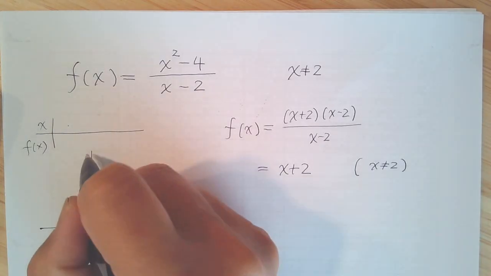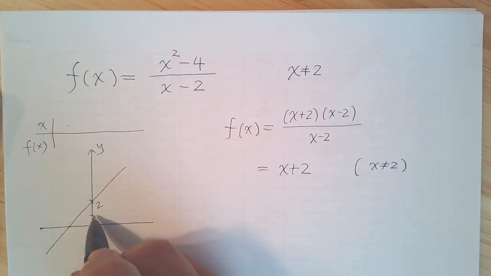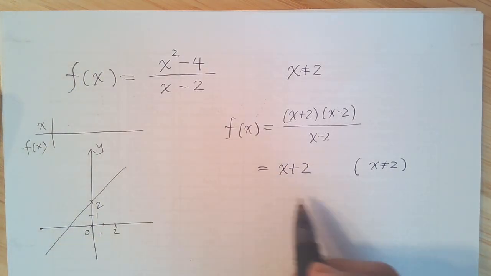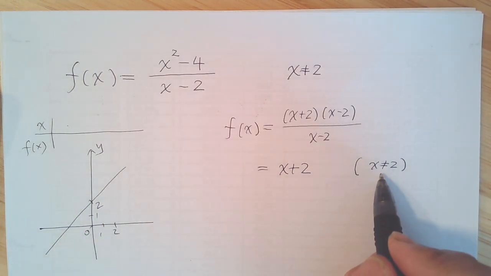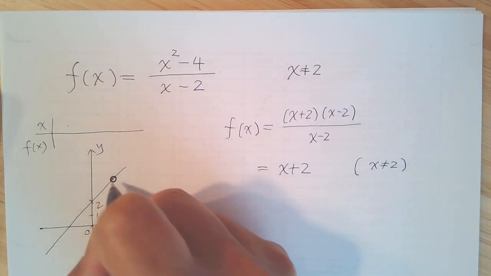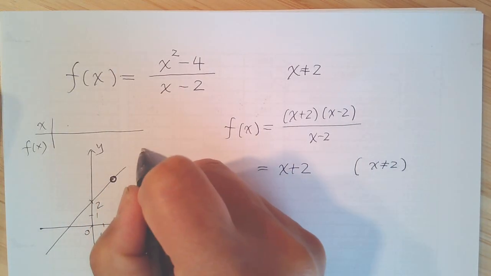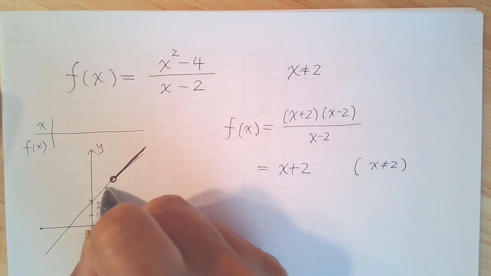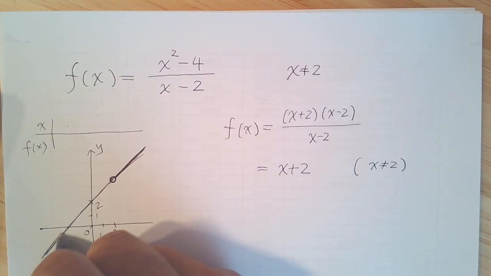It's this. Okay, so that's y. Here's 1, 0, 1, 2. This is f of x equals x plus 2, but x cannot be 2, which means that there is a circle here. Circle means get rid of this point. So that's your graph. You get a straight line, but you get a broken straight line.